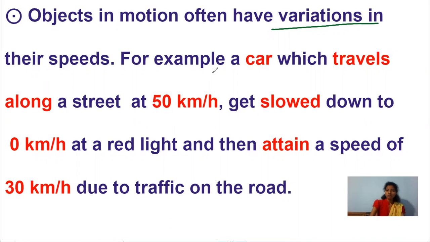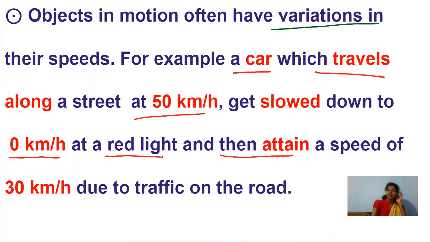For example, a car which travels along a street at 50 km per hour gets slowed down to 0 km per hour at a red light and then attains a speed of 30 km per hour, due to traffic on the road.